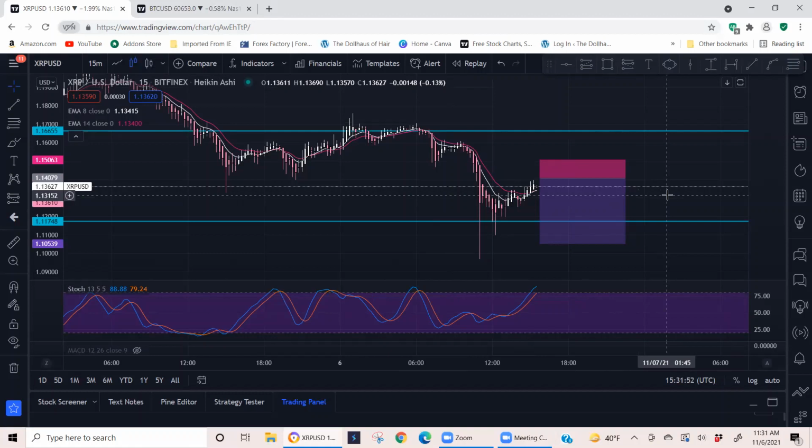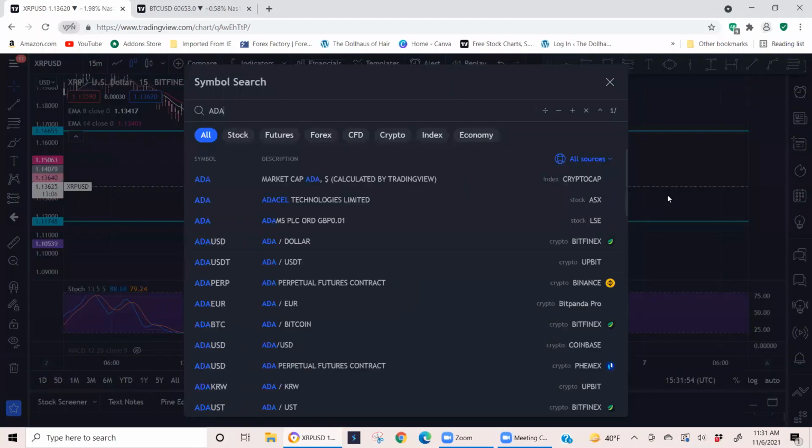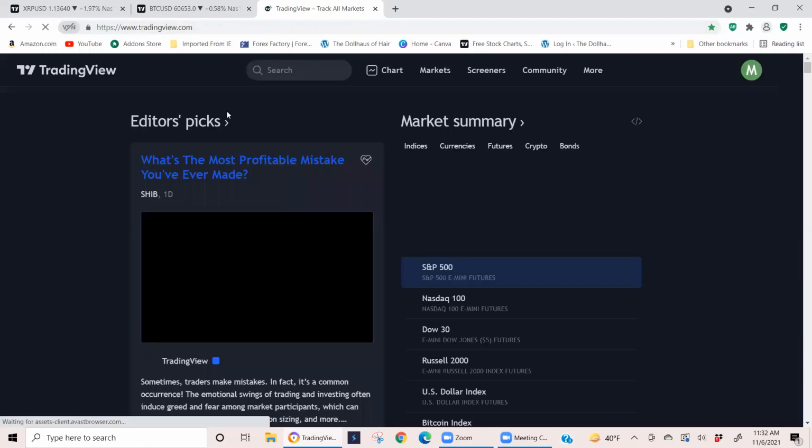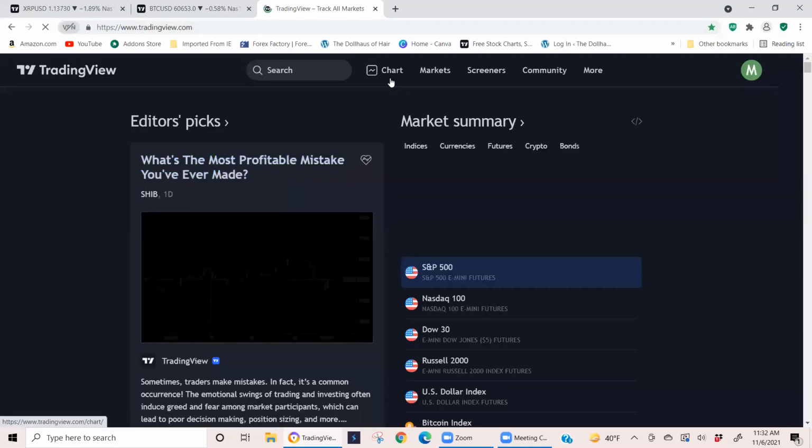I've never heard of it. ADA. Oh, wow, it is a crypto. Whoa. I don't want to open it on this one, though. Let me see something. It is a crypto, and that's definitely not a typo because I've never heard of it.